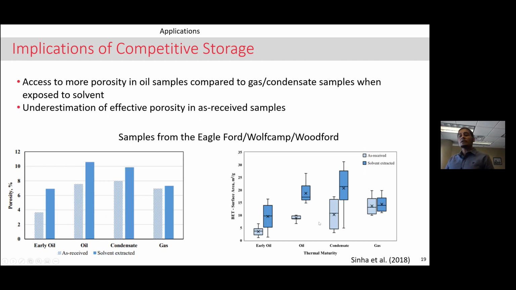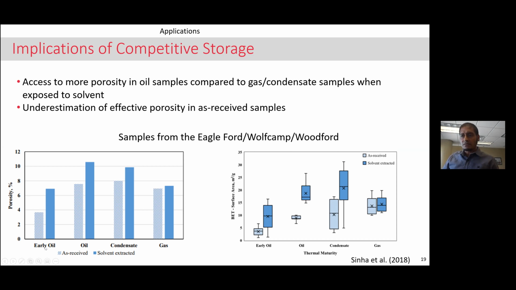And more importantly, if you were to plot the porosity on the y-axis for different shale samples, what you see is that if you take the native sample, you typically see a very, very low porosity. But then when you clean the sample and open up some of those pore throats, you are gaining access to more pore volume and you actually measure a significantly higher porosity.